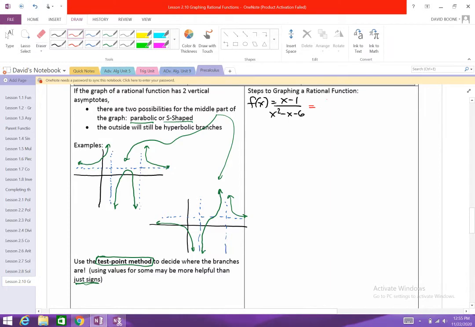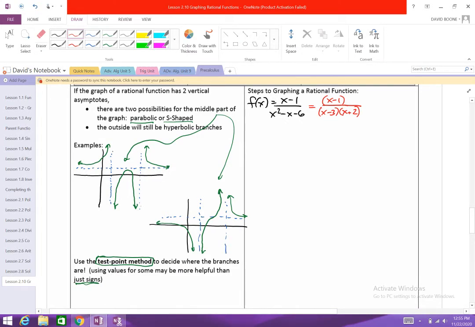So the top, still x minus 1. There's nothing really I can do with that, but factor that denominator. And if I do that, I get x and x. The two numbers multiply to give me negative 6, but give me negative 1 when I add. So I'd have a factored function there.